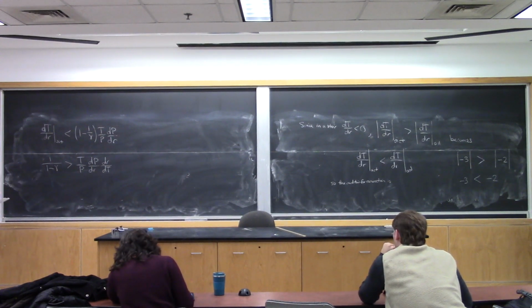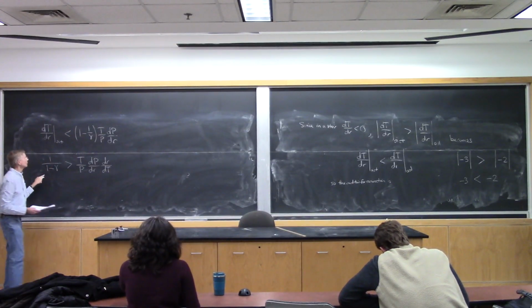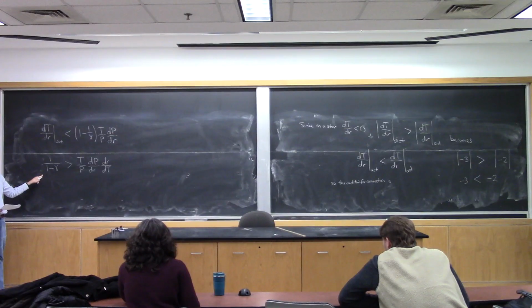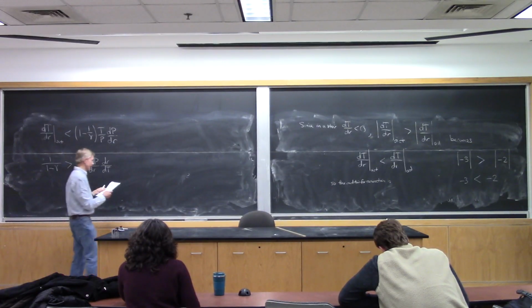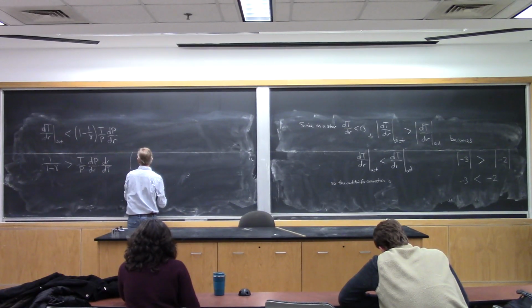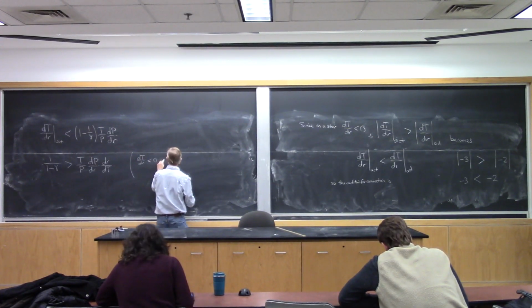And so I'm going to divide by dT/dr and divide by 1 minus 1 over gamma. So I've done that. And then the inequality switches signs again. dT/dr is less than 0.